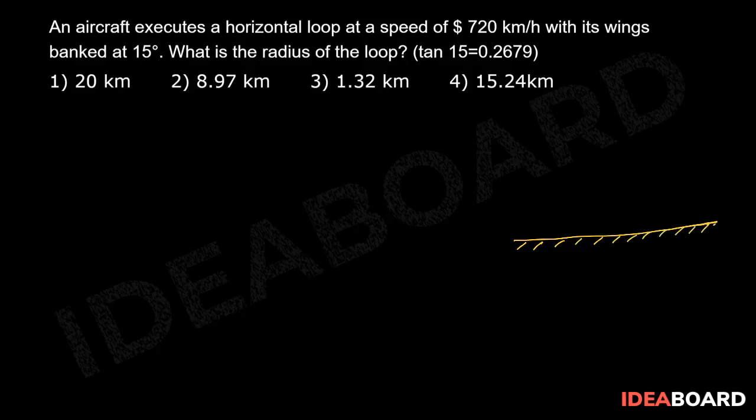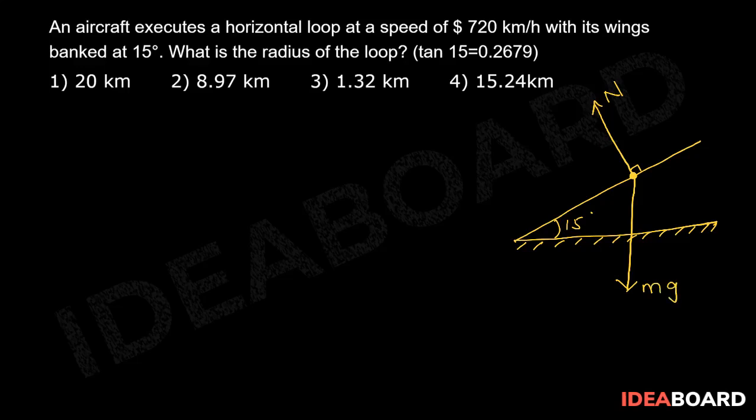Now, the wings of the aircraft are banked at an angle of 15 degrees. Because of this banking, the normal reaction force on the aircraft will be perpendicular to the wings. The weight of the aircraft will act vertically downwards.